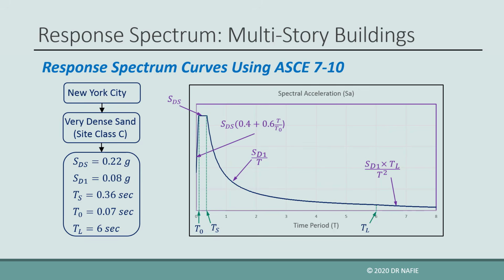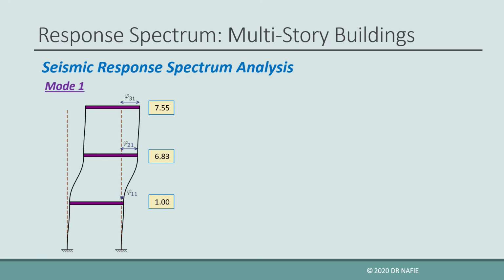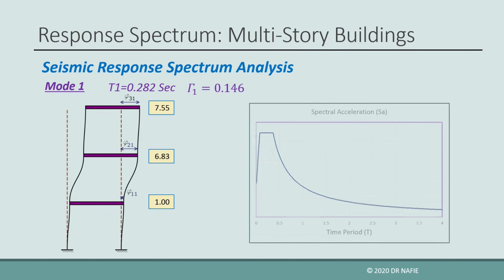Now that we have obtained the response spectrum curve, we can use it to find the spectral acceleration of mode 1. Recall that the spectral acceleration of mode 1 is the maximum expected acceleration that would occur due to the earthquake if the building is restricted to only vibrate in the shape of mode 1.